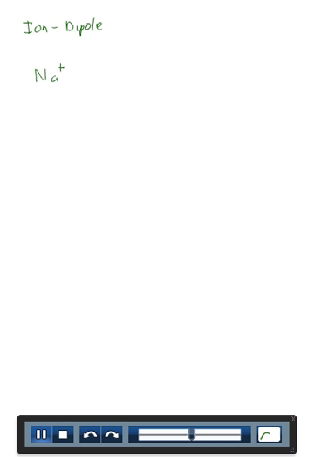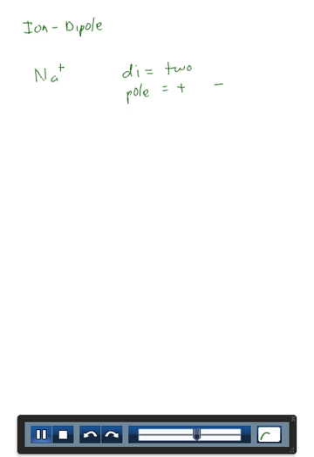As its name implies, di meaning two, pole meaning like ends or charges, like you have two poles of a magnet, the north-south pole. You can have two poles for an electric charge, the positive and negative end. So in our case, it will be a plus and a minus side of a molecule.